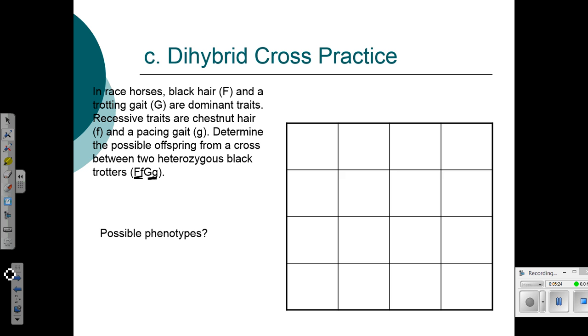Okay, so this one, you're going to FOIL. So we're going to get big F, big G, big F, little g. Okay, those are your four options. And both parents are going to be exactly the same. So what you want to do is just put them in that order going across.